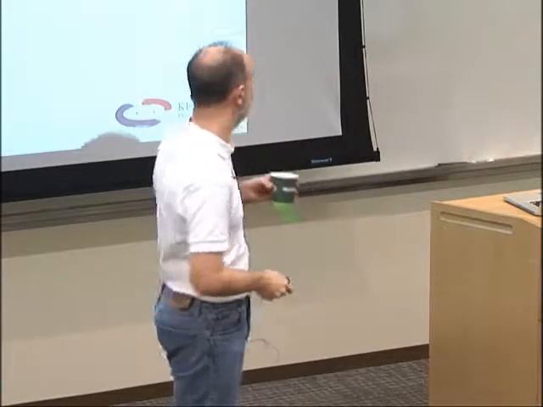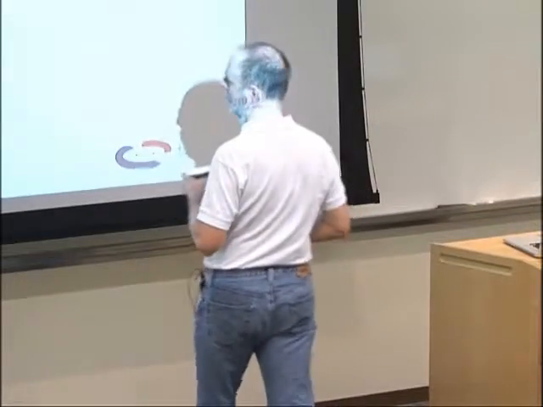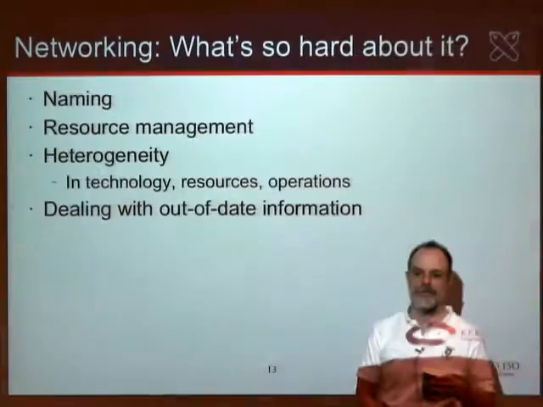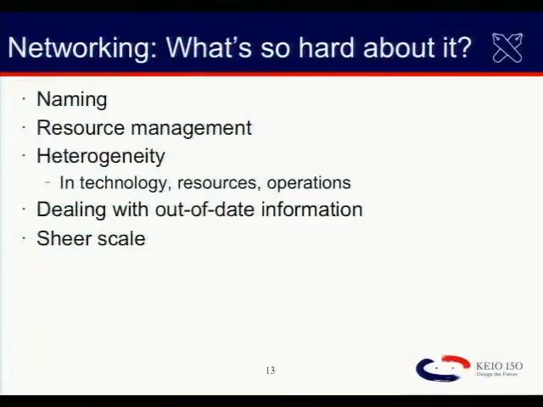So we need a system that's going to accommodate those sorts of things. Dealing with out-of-date information is, of course, a big deal in networks, and sheer scale. Okay, so naming. What is it that actually has to be named in a network?